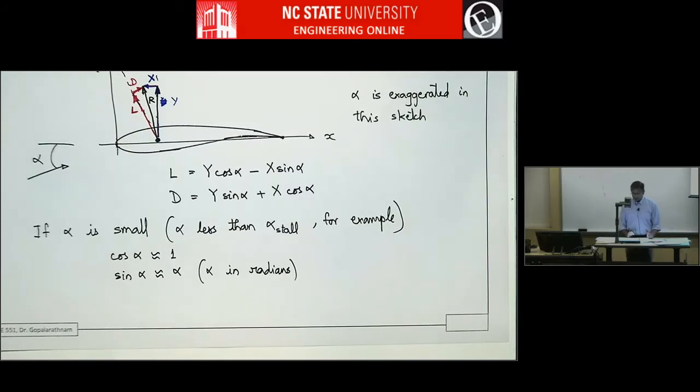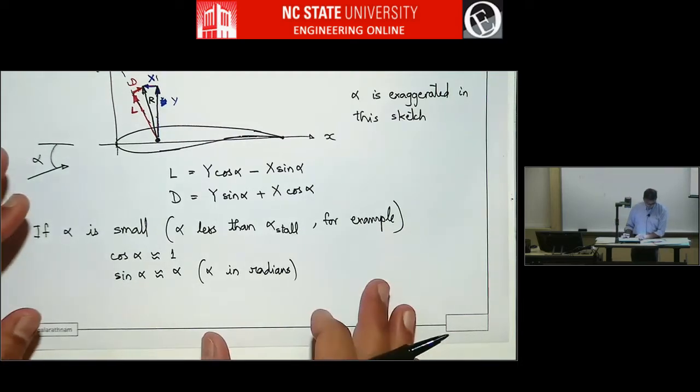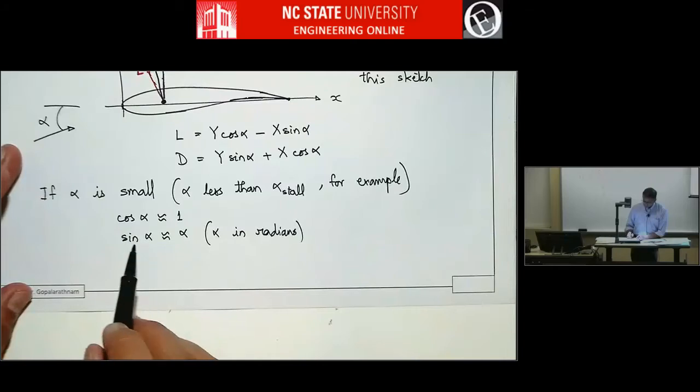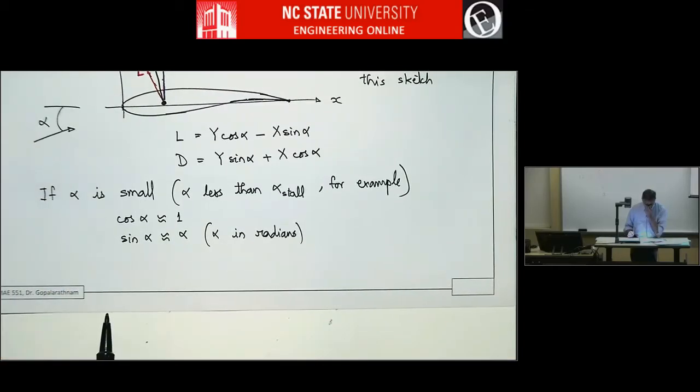Likewise, cosine alpha for 10 degrees, 15 degrees, will be very close to 1. So that's one reason, if alpha is small.